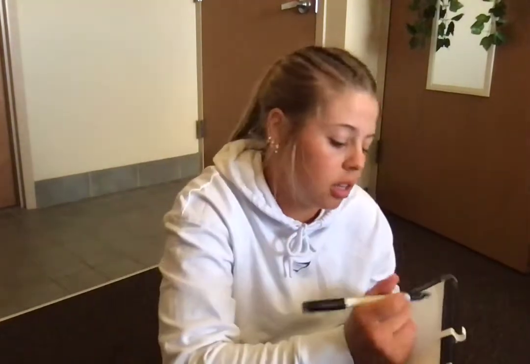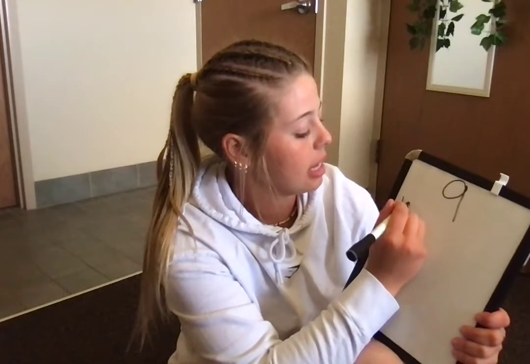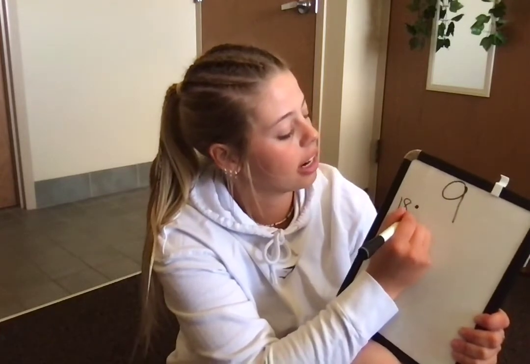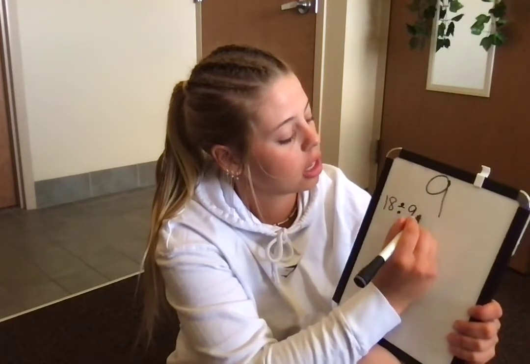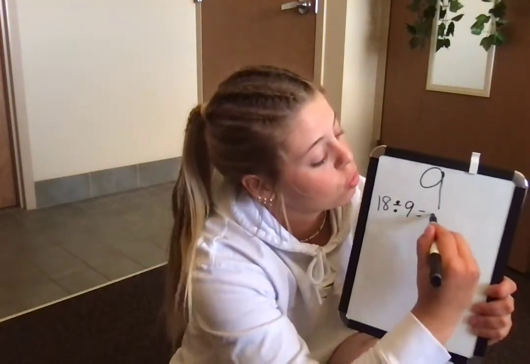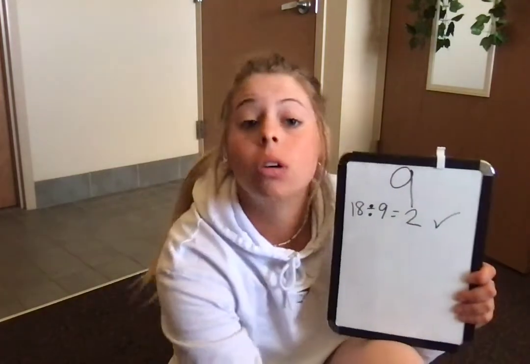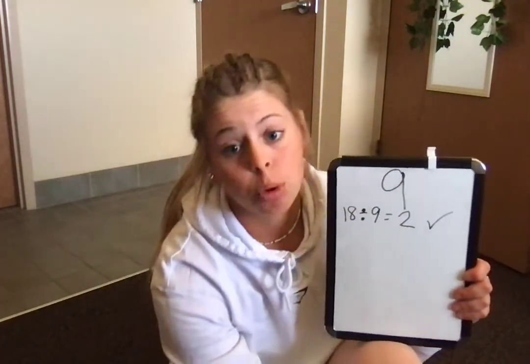And the next number is 9. All right, so for 9, let's do 18 divided by 9. 18 divided by 9 is 2, and 2 is a whole number, so that checks out. 18 is divisible by 9.